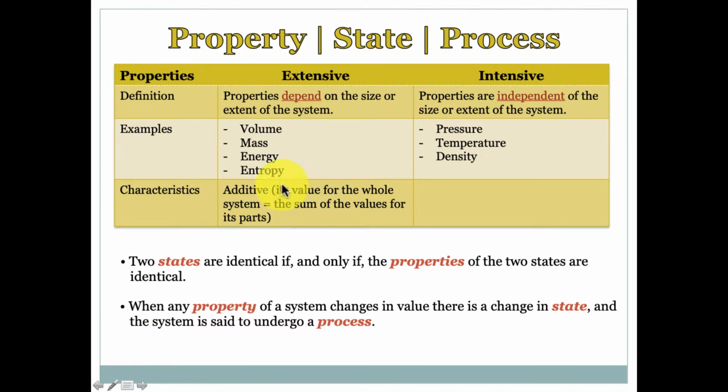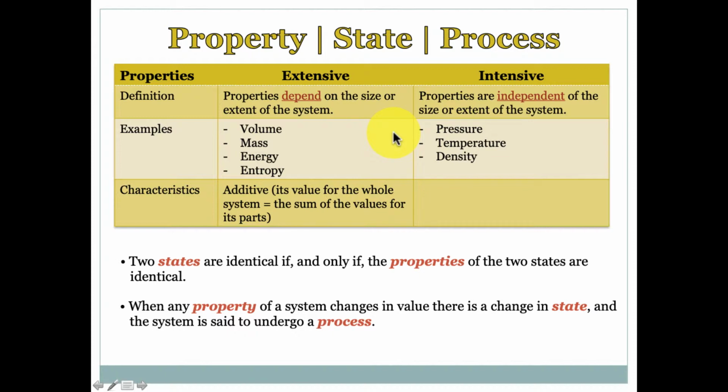So here are the definitions for extensive and intensive properties. For extensive, properties depend on the size or extent of the system, while for intensive, the properties are independent of the size or extent of the system.